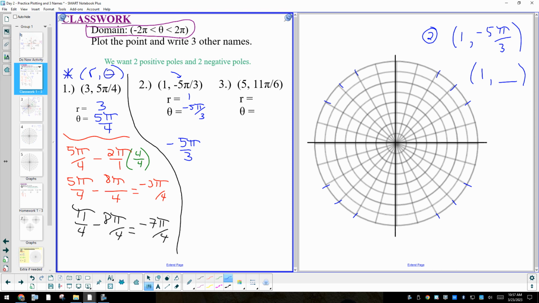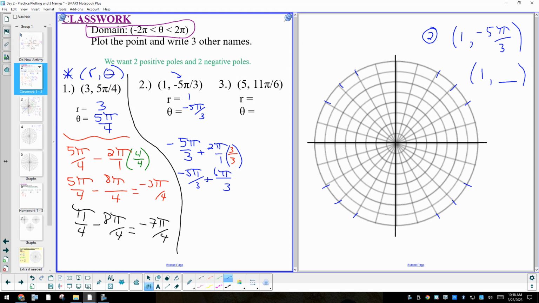So what you could do to help you find it is, because it's negative, we add 2 pi, right? So if you add 2 pi over 1, times this by 3, it's going to become 6 pi.